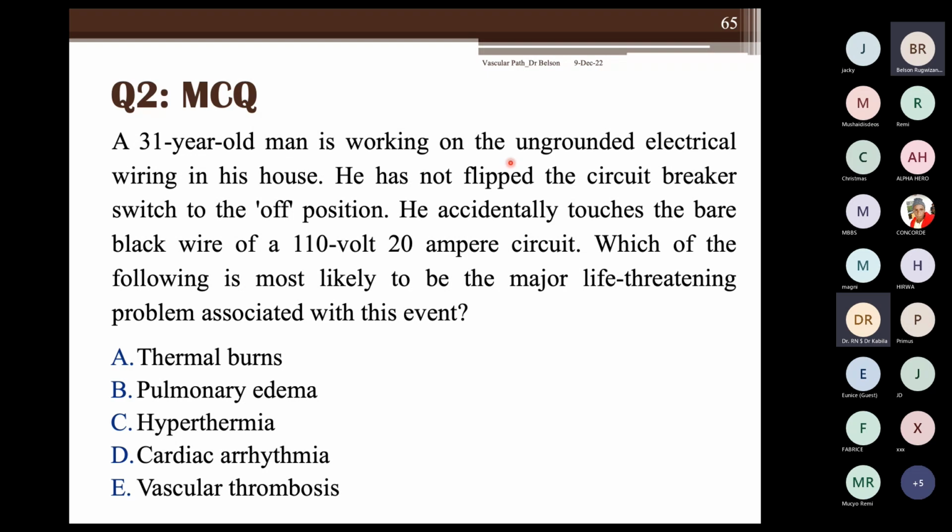Na redima ishobora kuba ifata umwanya munini kandi umuriro umwica akanya gato. Hyperthermia bitewe n'iki? Cardiac arrhythmia, vascular thrombosis. So what would be the answer? Anyone to give us the answer?